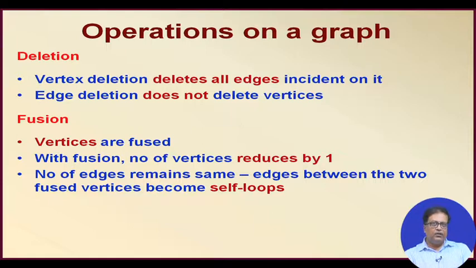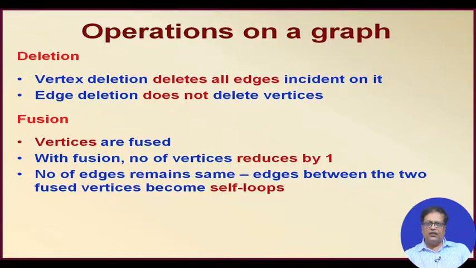Say, for example, some student records, right. Here the student is like a vertex, and the individual subjects that the student has taken, those student-to-subject connections, you may call them edges. So, if you delete a particular subject that a student has taken, then only that student-subject link will be deleted.